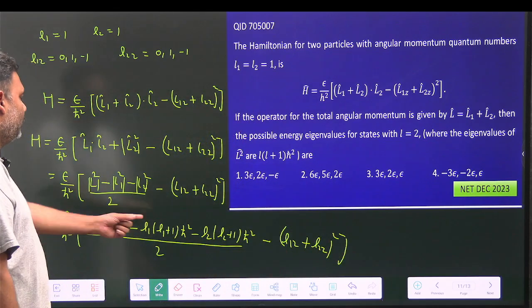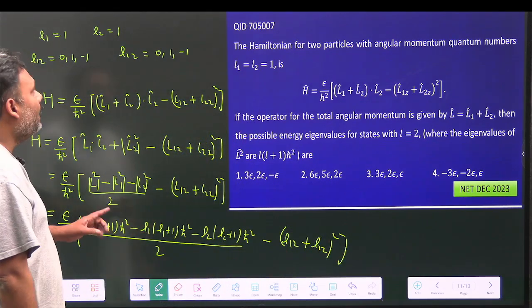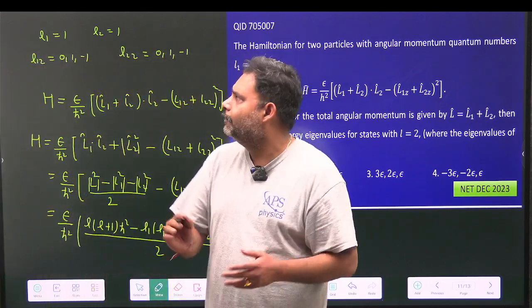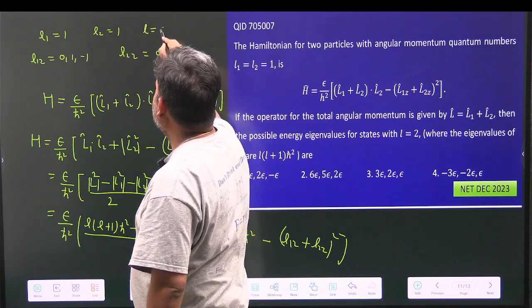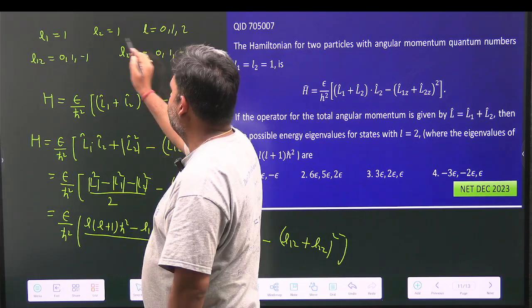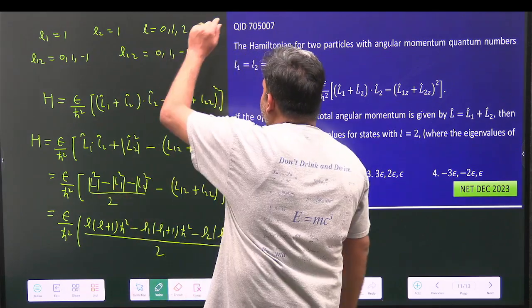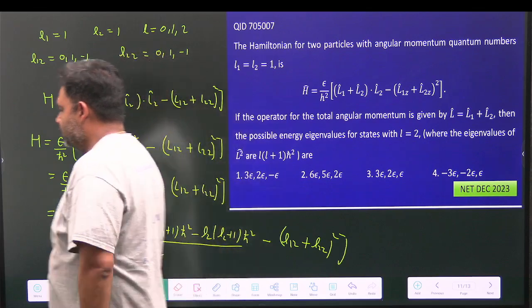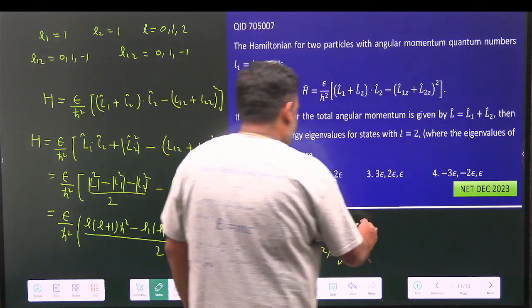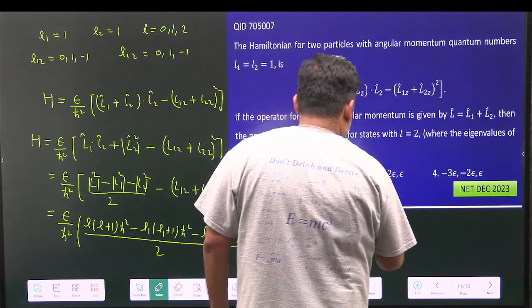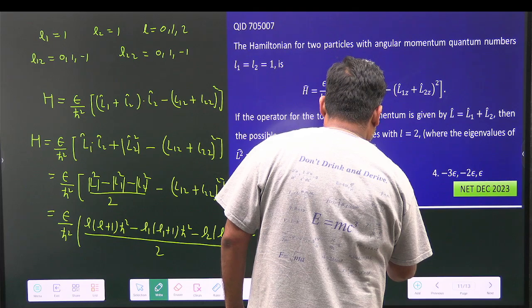Now we can put it here, L1 is equal to 1, and if we have L1 and L2, then L can have values 0, 1 and 2. So these are the possible values of L, and in this problem we have to talk about L is equal to 2. So when L is equal to 2, this value is equal to epsilon upon h cut square.